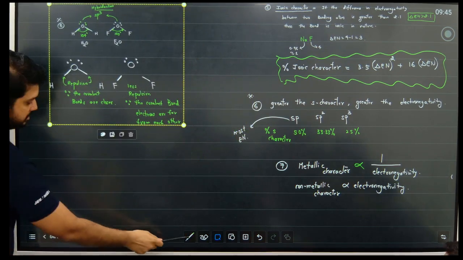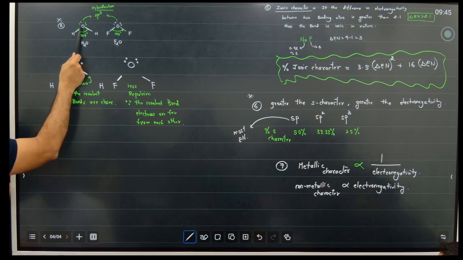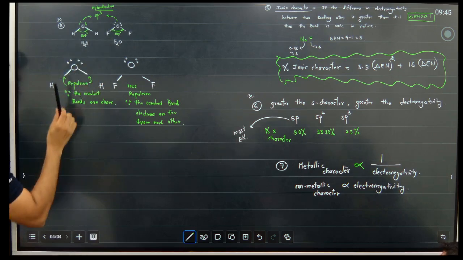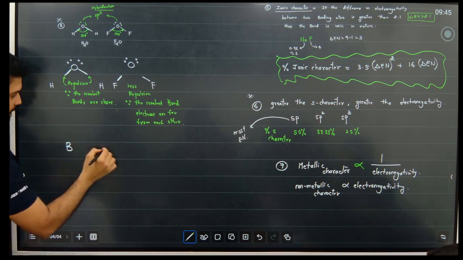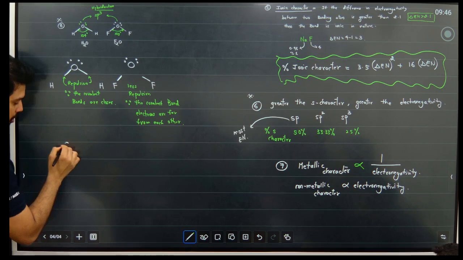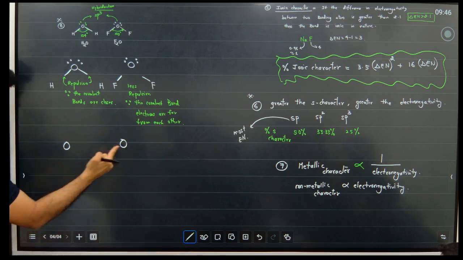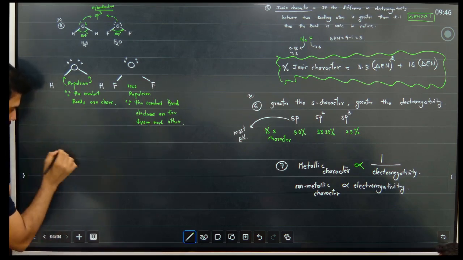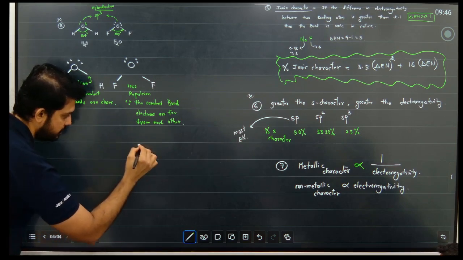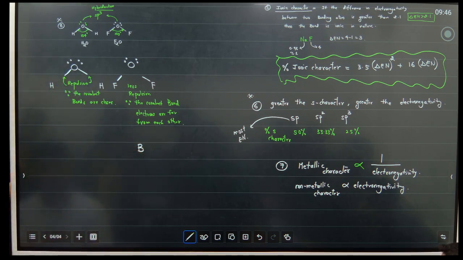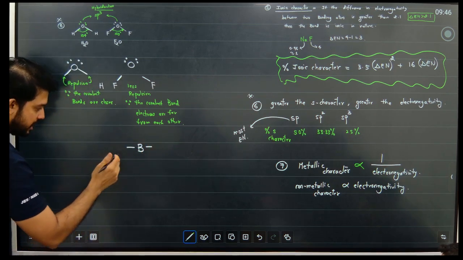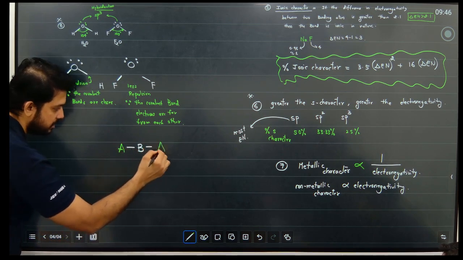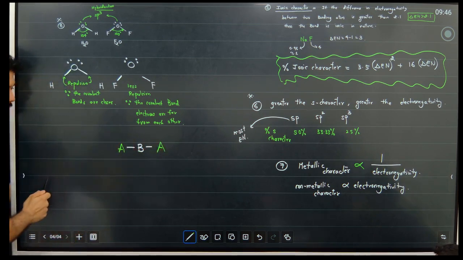And hence, if I have the same central atom, in both cases who was the central atom, people? Oxygen, the same central atom. Let's say I write it as B, same central atom. But the side atoms attached were different.